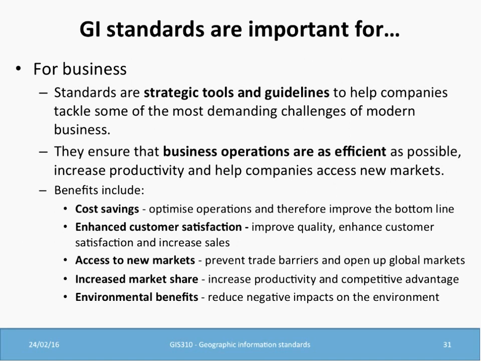One of the first things is business. Standards are a strategic tool and guideline. They can help you operate effectively. Examples of that are cost saving: if there is a better solution for your operations, how to produce a product, etc., that will optimize your performance and improve your bottom line.